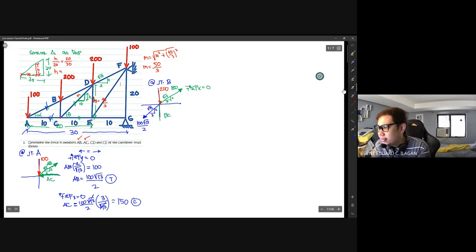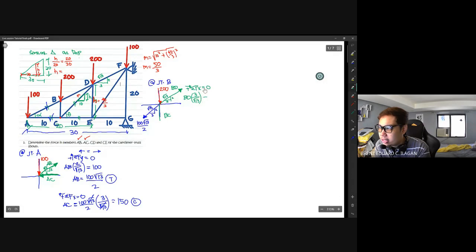So, BD, again, ito yung unknown. Para makuha yung x component, imumultiply mo siya ng 3 over square root of 13. Okay? And then minus, kasi ito is papunta sa kaliwa, ang inassume kong positive is kanan.